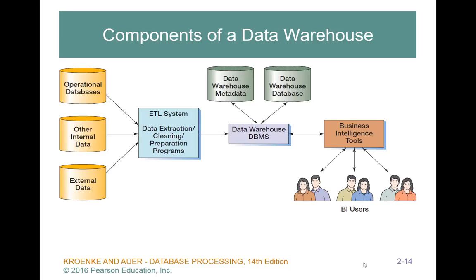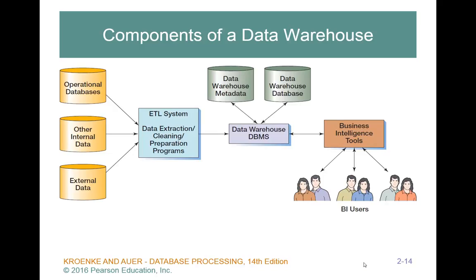So let's take a look at the components of a data warehouse. In most cases, business intelligence systems store their associated data in data warehouses. Data warehouses are database systems that have data, programs, and personnel specialized to prepare data for business intelligence processing.